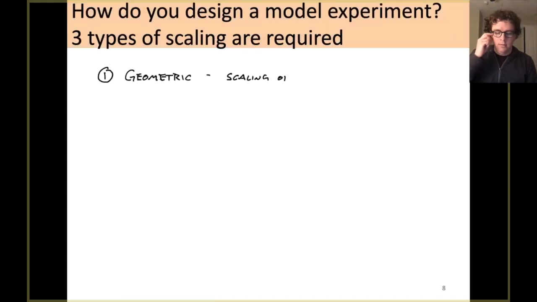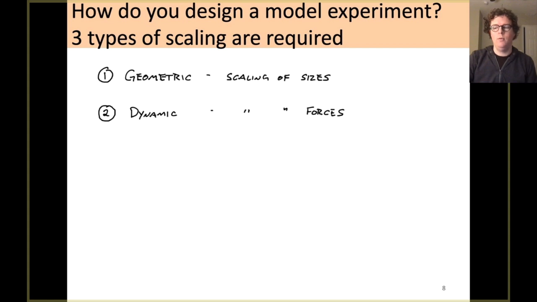Now, things that we'll have to consider: we'll have to consider geometric scaling, so getting the sizes correct. We want a scale model that looks proportionally like the full scale or the real dam. We want to get the dynamic scaling correctly, so the forces are all proportional to one another. We don't want the relative importance of gravity to shear stress to change between two things that we're considering.